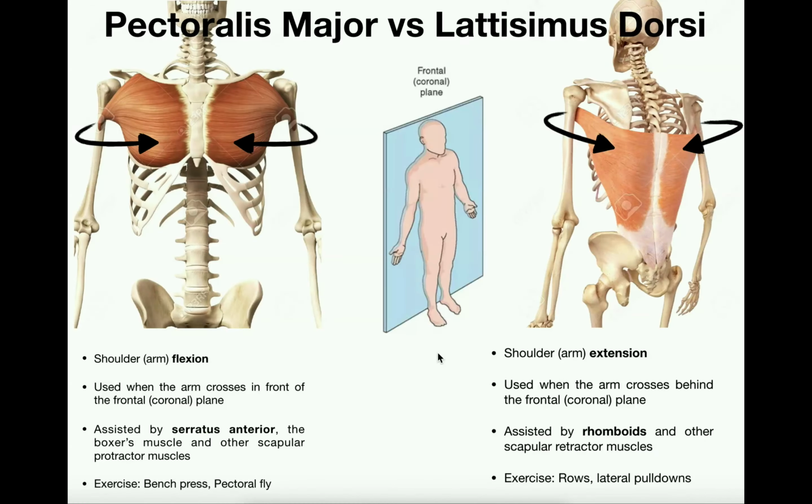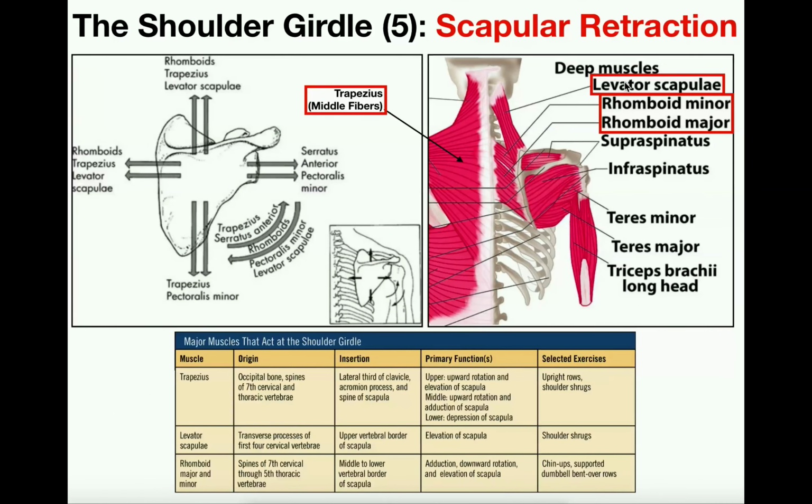Okay? And the muscles that facilitate scapular retraction are mainly the rhomboids. As we saw in the scapular retraction video, there were some other muscles. In fact, if we look at those very briefly, we see that the levator scapulae also played a role, as well as the middle fibers of the trapezius. Again, make sure to go back and watch that video for more information.